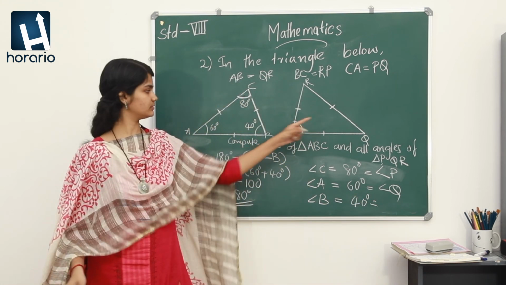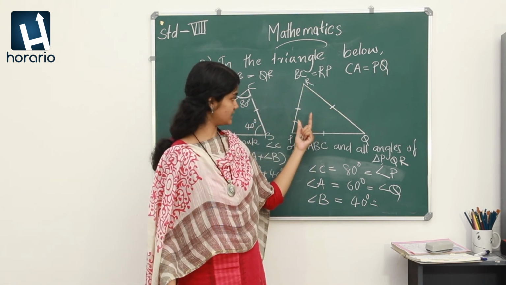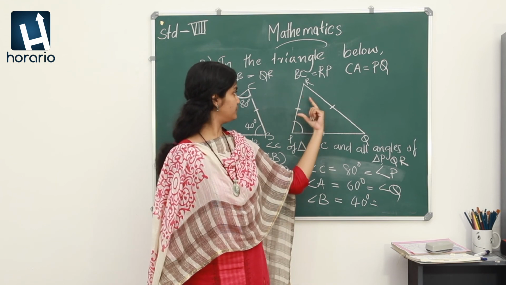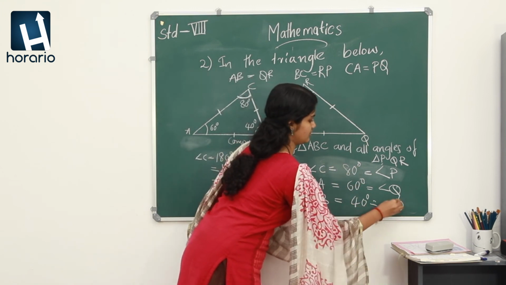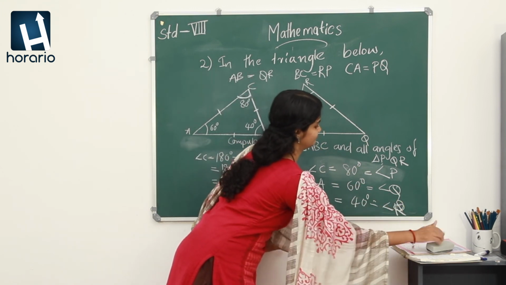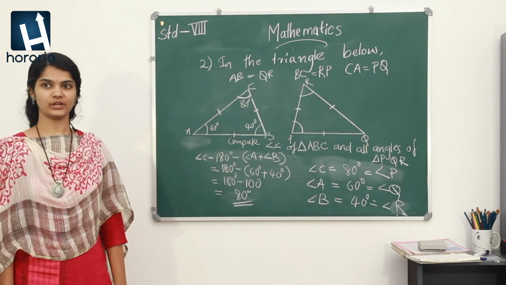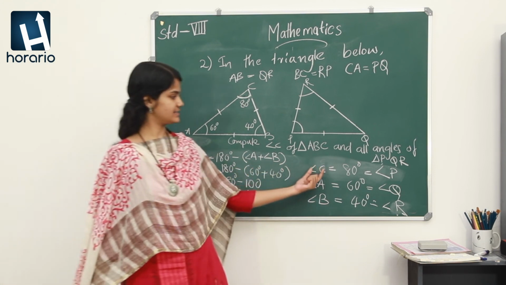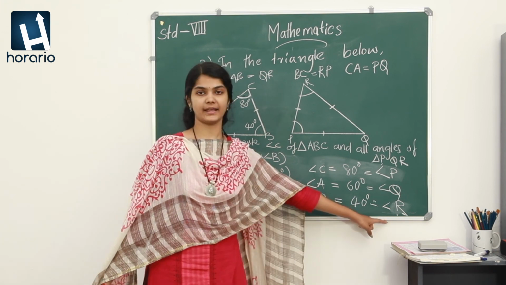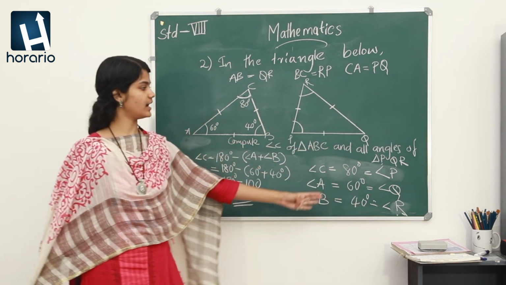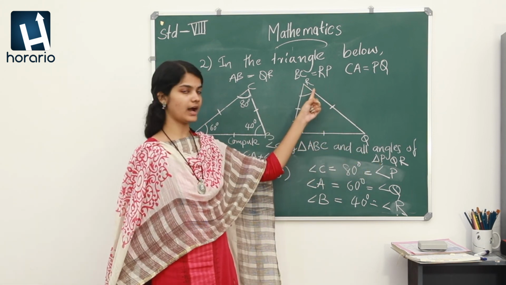In this triangle, the opposite angle of side PQ is angle R. We can write it as angle R. Okay. So we get angle C equal to angle P, angle A equal to angle Q, angle B equal to angle R. So these are the angles of triangle PQR.